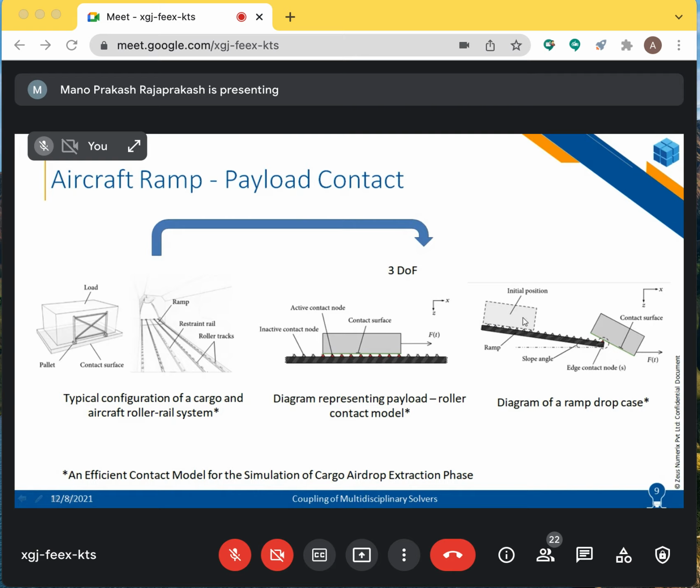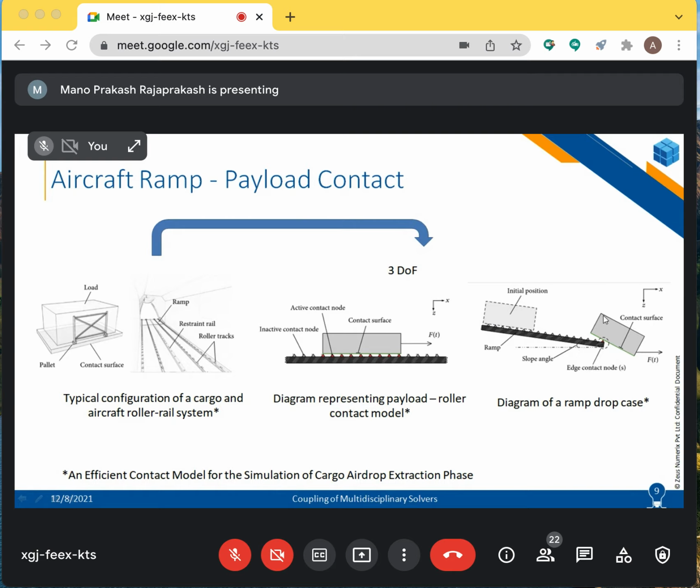As the payload starts moving, the CG of the aircraft is going to move in the rearwards direction, and there is going to be some pitch angle. It is because of that that the entire aircraft has a certain pitch orientation, and so the ramp has an angle because of that.